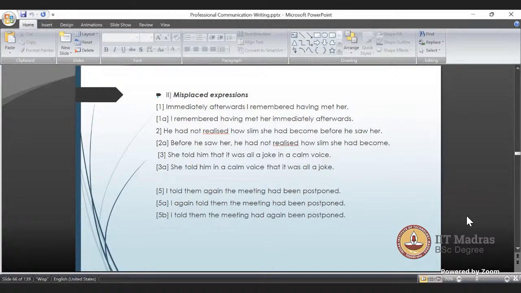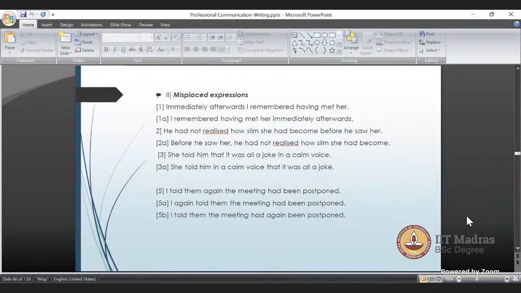So: I remembered having met her immediately afterwards, right? Because adverb is even otherwise something that should qualify the verb, so it is nice and structured if it follows the verb rather than fronting it. Fronting it will give it unnecessary emphasis and will give out a very different meaning than what you would actually intend. So keep that in mind.